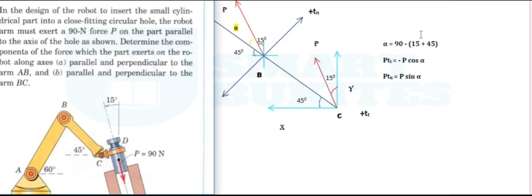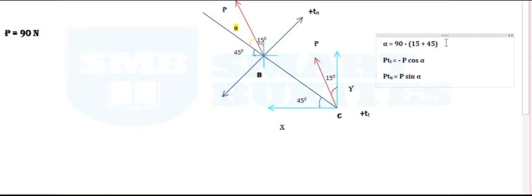So our alpha is going to be 90 minus (15 plus 45), which will obviously give us 90 minus 60, which is 30. To find our PTT, we simply put a minus to indicate that our force is on the left hand side, which is negative.